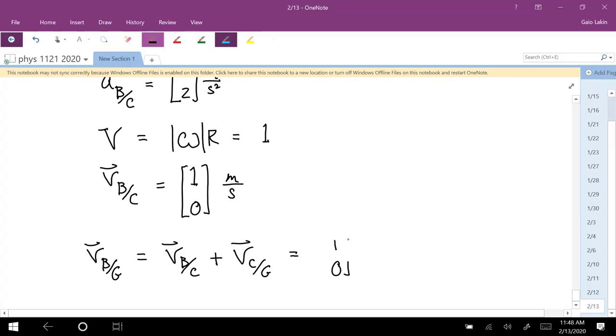That's 1, 0 plus velocity of the center relative to the ground. We got that last time, is negative 1, 0. And so just at that instant, when the object is at the ground, the velocity is 0.